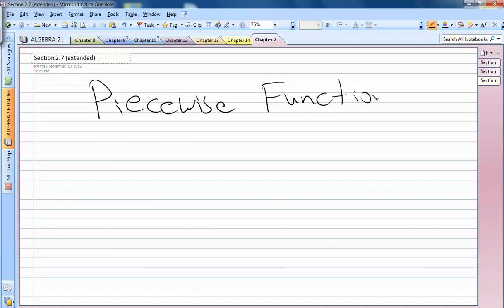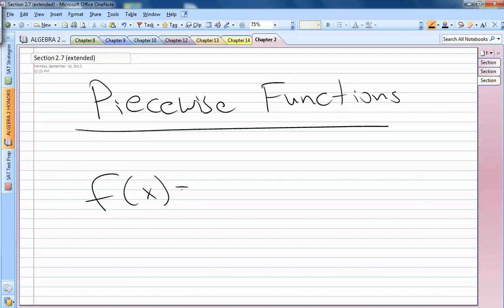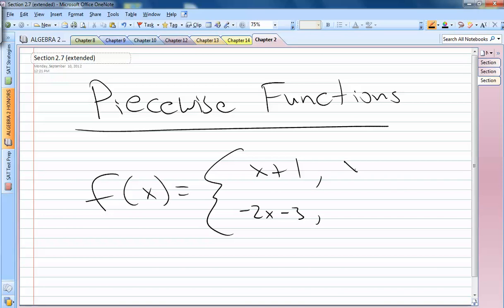Let me give you an example of a piecewise function. So what I just wrote is a piecewise function.